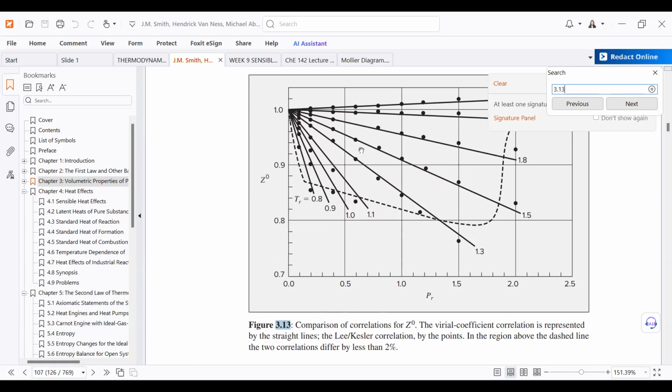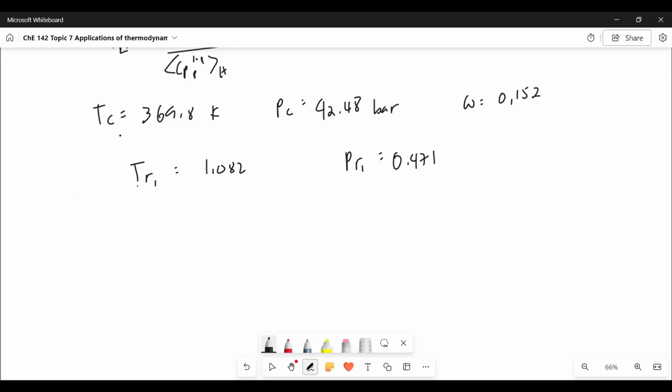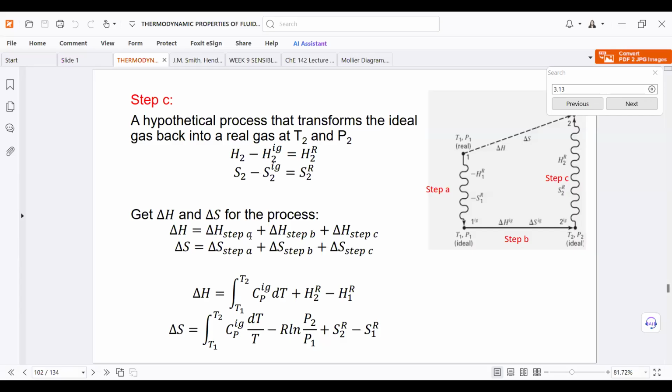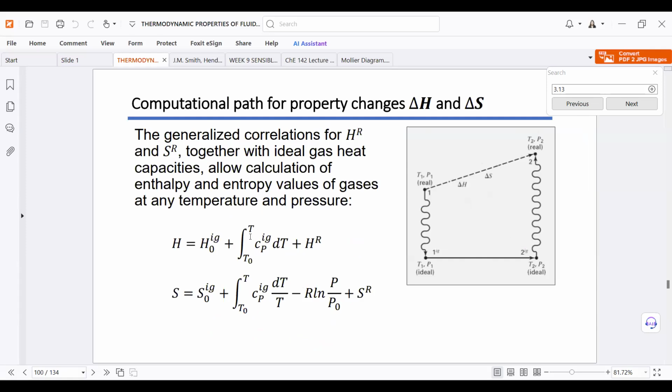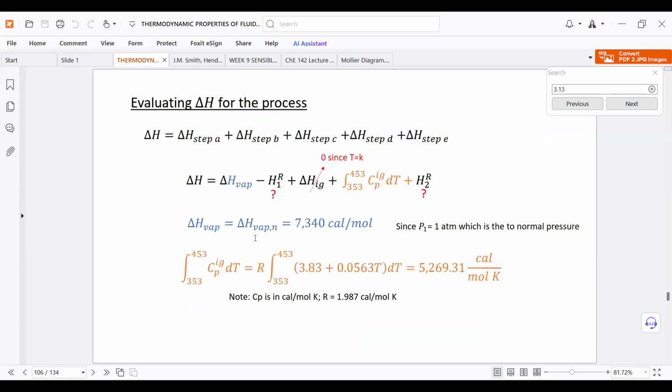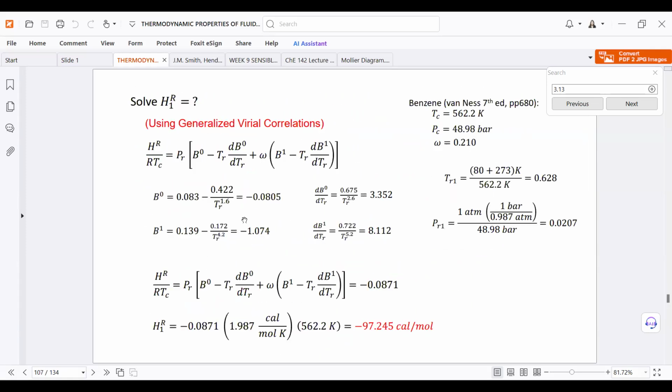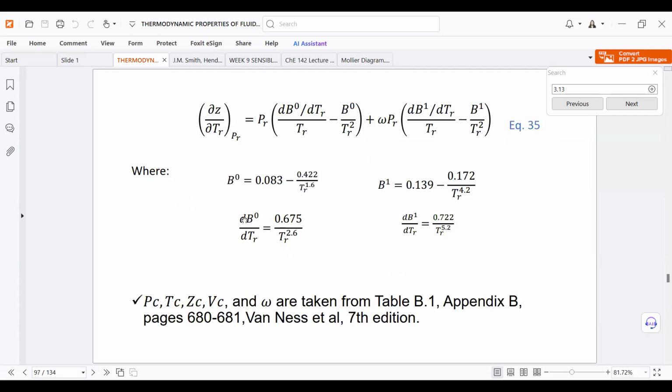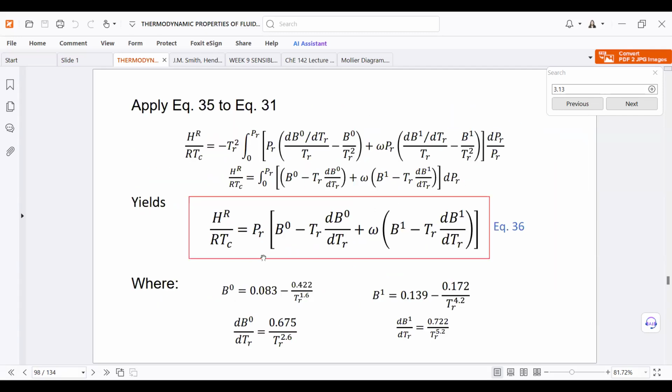All right, let's go back. I want to show you which equations you'll be using. You will use this one to calculate each residual.